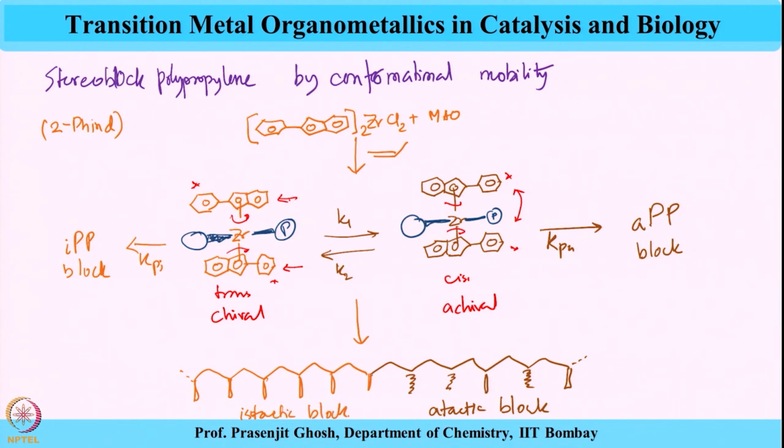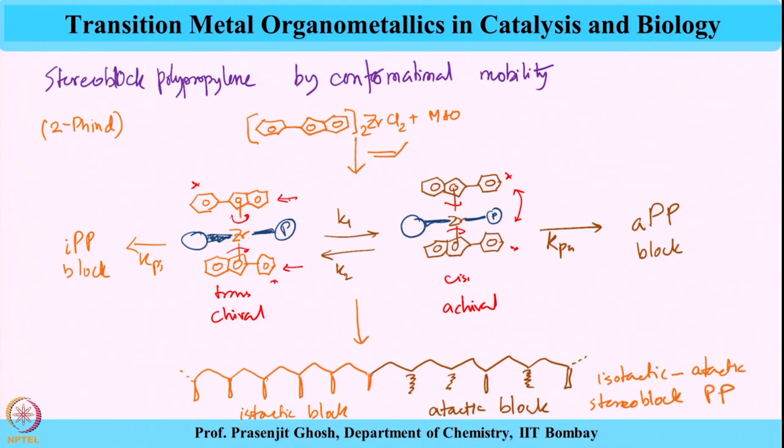So, what is important over here is that a stereoblock polymer containing isotactic and atactic blocks of polypropylene can be obtained.